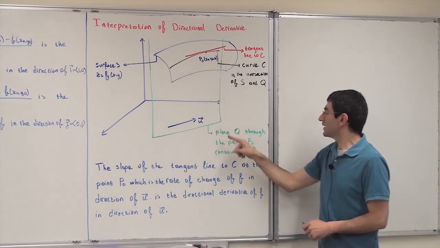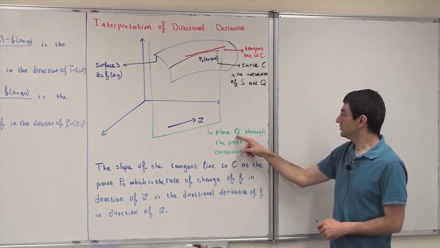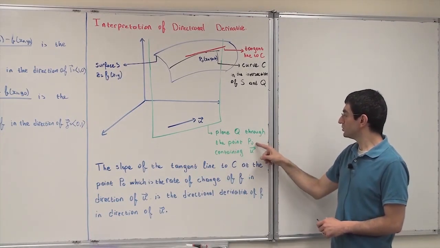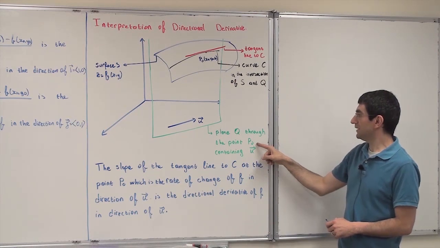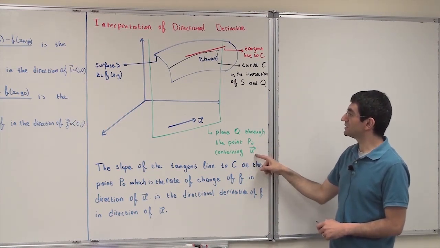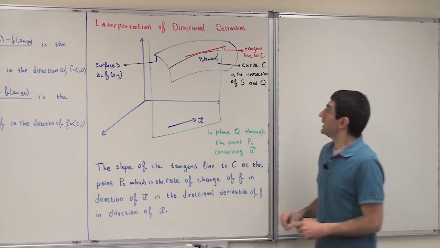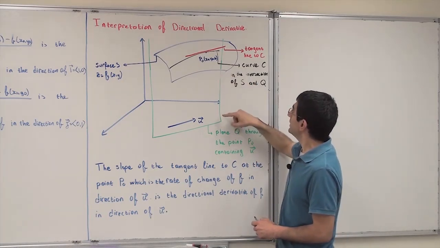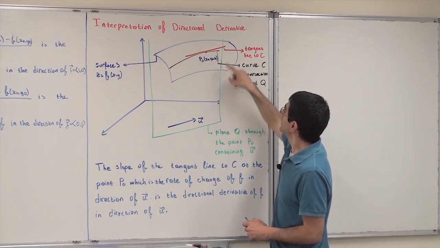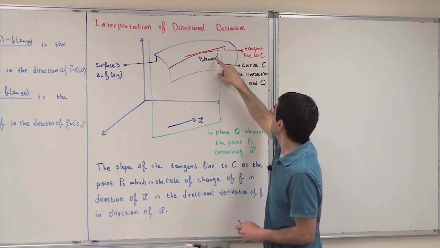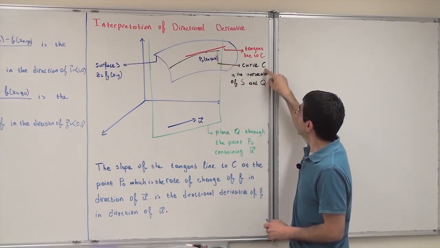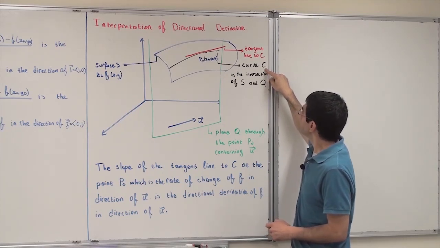Then in green, I consider a plane Q, which is through this point P0, and which also contains the directional unit vector u. Now, this plane intersects the surface S in the black curve C.